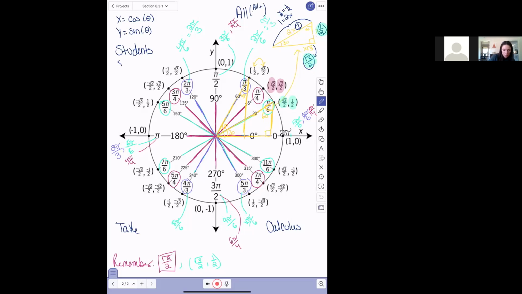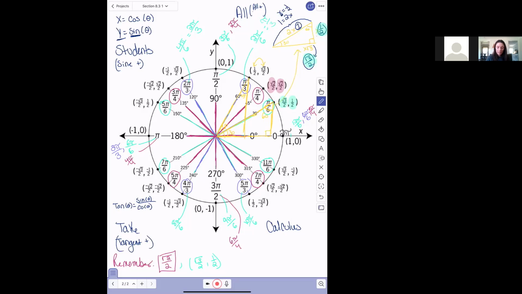In quadrant 2, sine is positive. But remember, our sine is the Y values. So everything's negative, but sine is positive. So only our Y values are positive. Here we have tangent is positive. I haven't mentioned that term at all, but tangent of theta is equal to sine of theta over cosine of theta.